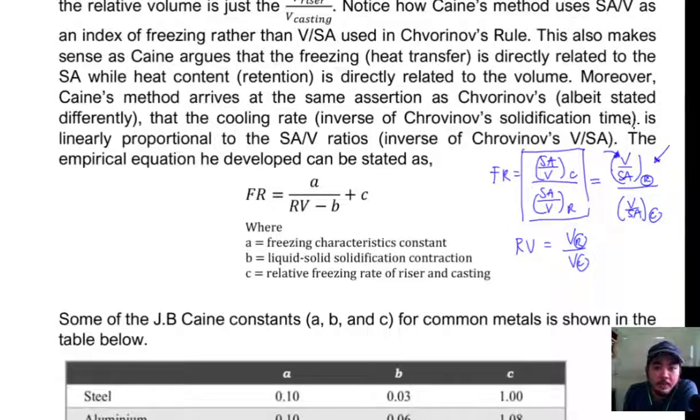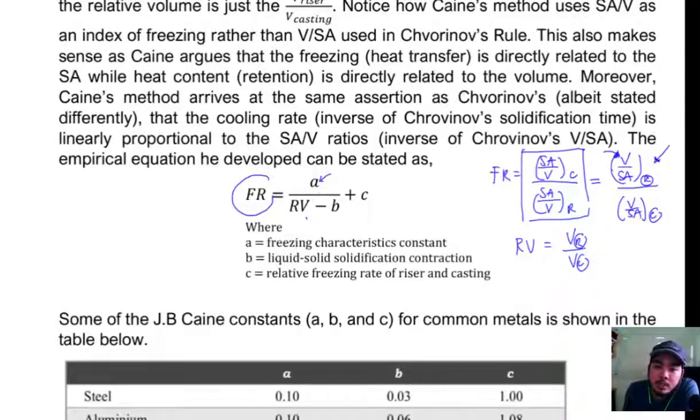So. Okay, so the empirical formula na discover ni Caine is that si freezing ratio daw is equal to a constant A over RV, which is the relative volume, minus B plus C. Okay, so where A is just the freezing characteristic na constant, B is the liquid solid solidification contraction na constant, while C is the relative freezing rate of the riser versus that of the casting.